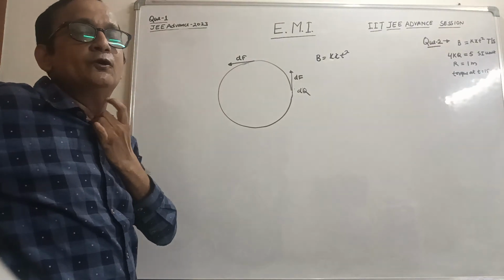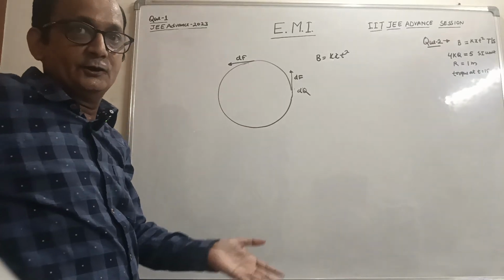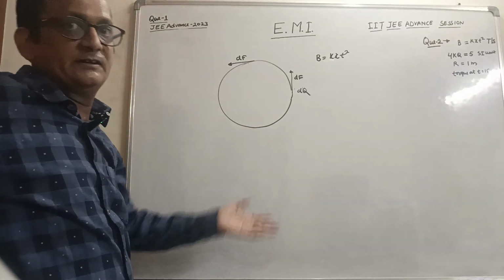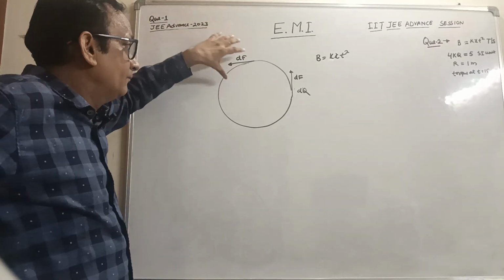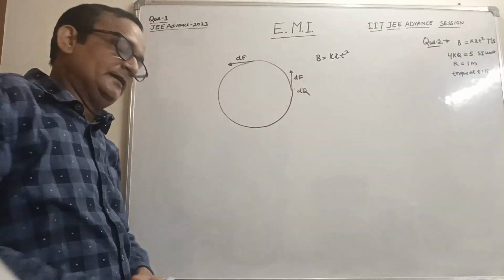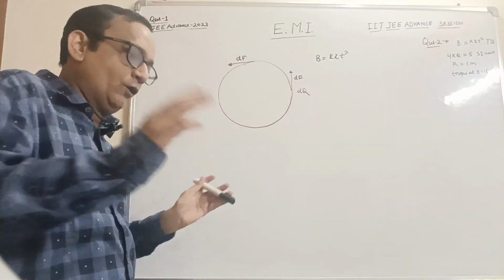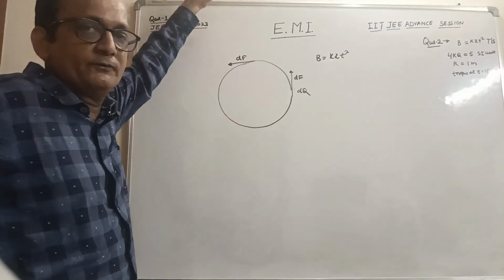In vacuum there is no charge or material, yet the induced electric field is produced there, because if a rate of change of magnetic field is there, an electric field is induced. No physical presence of charge is needed.